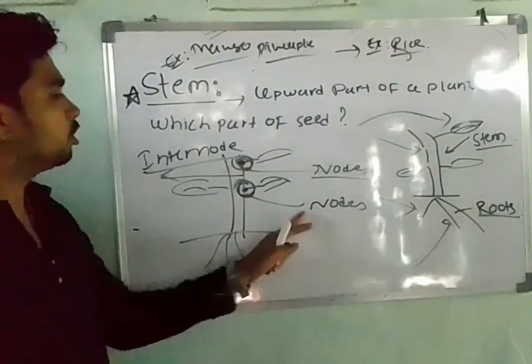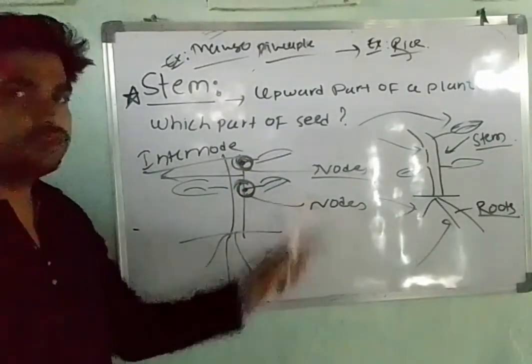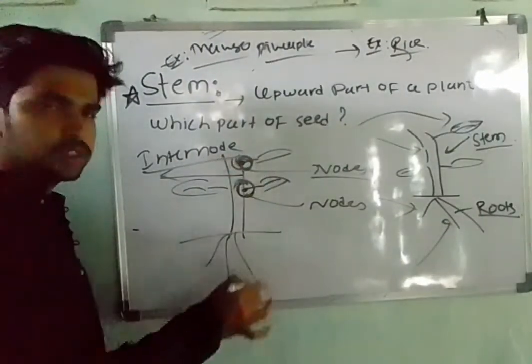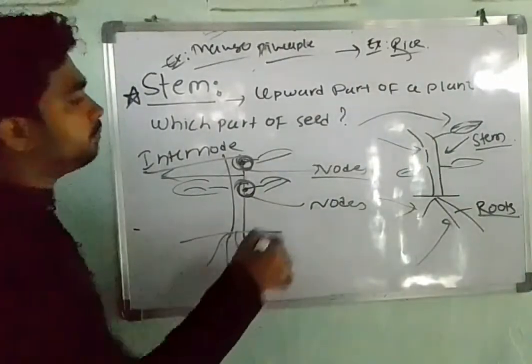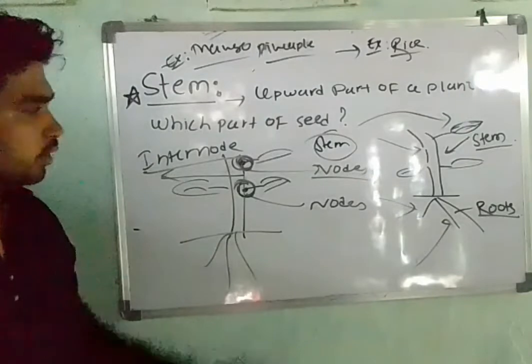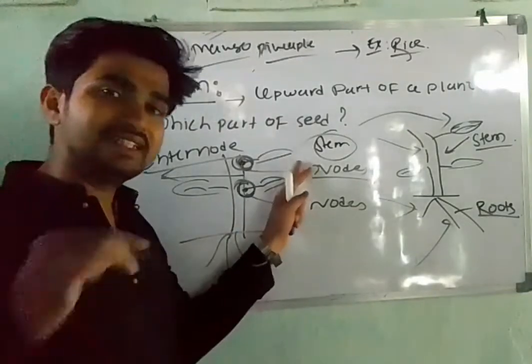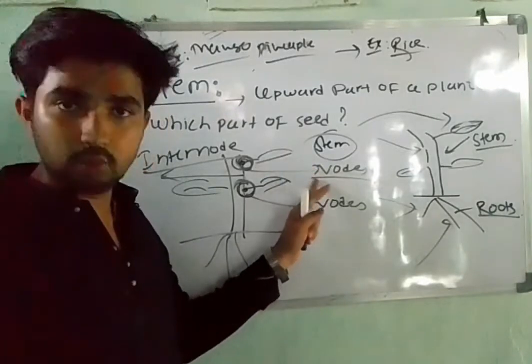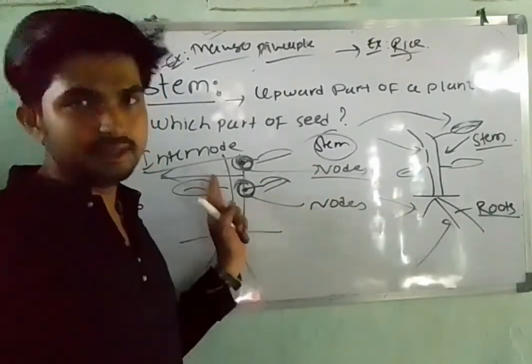So understood: the nodes bear the leaves, and the internode is present in the middle of two nodes. Since it is a part of the stem, we discuss it here. The stem originates the nodes as well as the internodes.